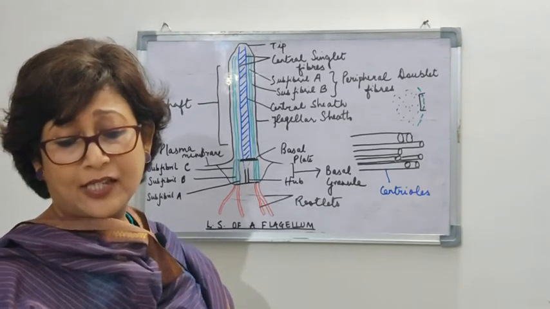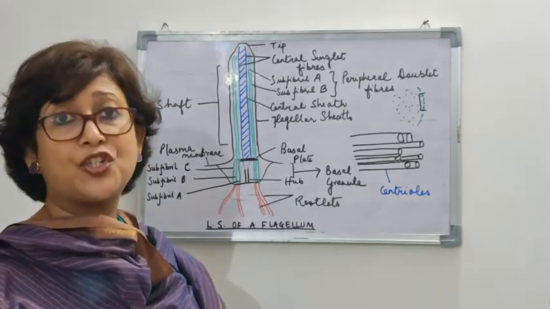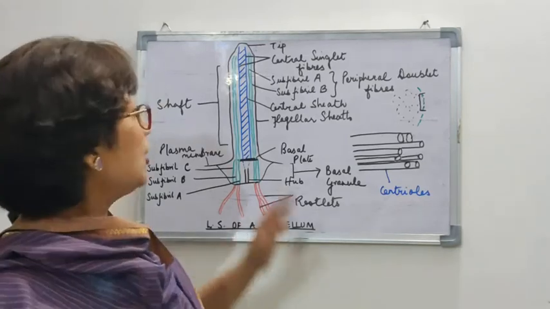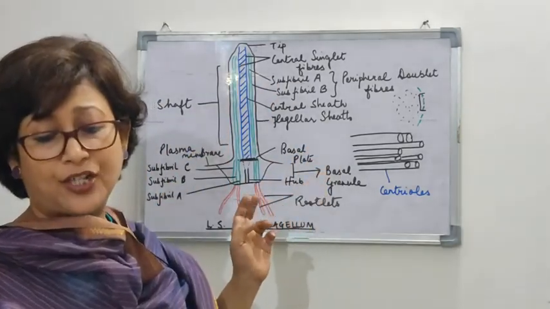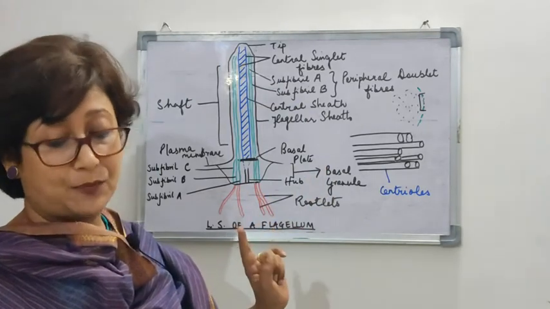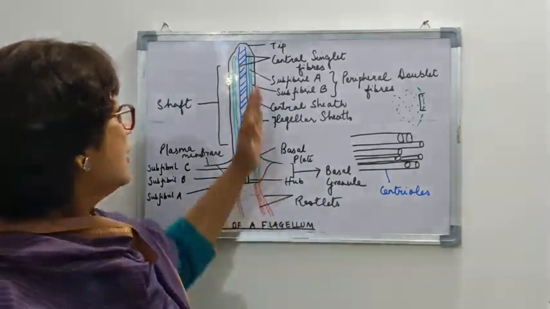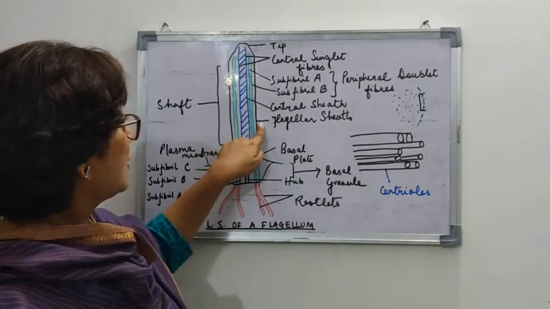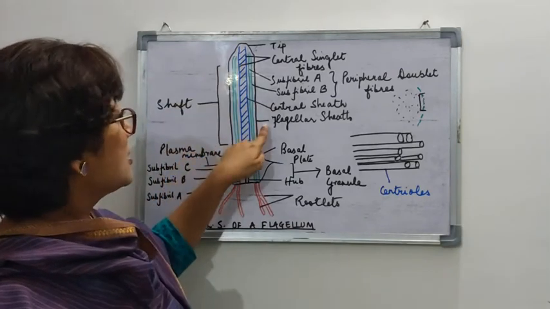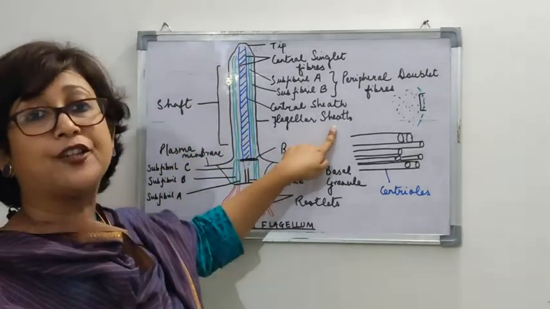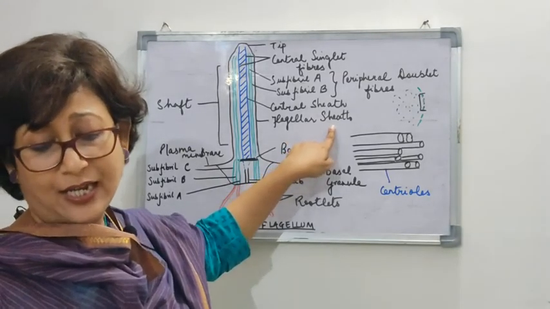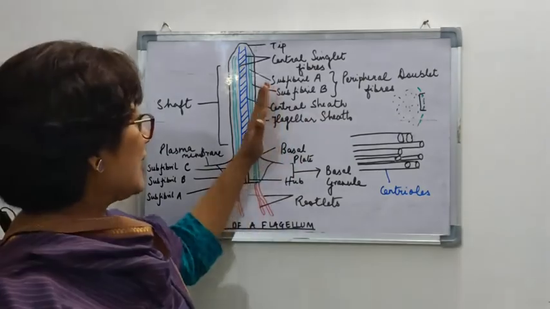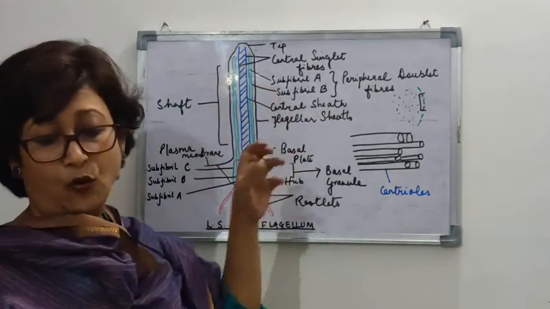Now if we look at this, we find that the shaft is covered on the outside by a sheath, which is an extension of the plasma membrane. If you look at this black portion, this is the flagellar sheath. Internally, inside the sheath, what is present?